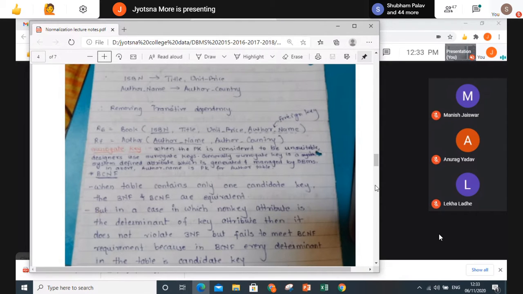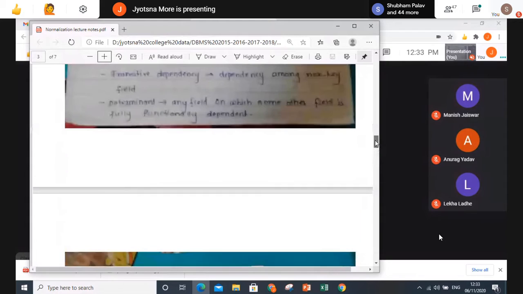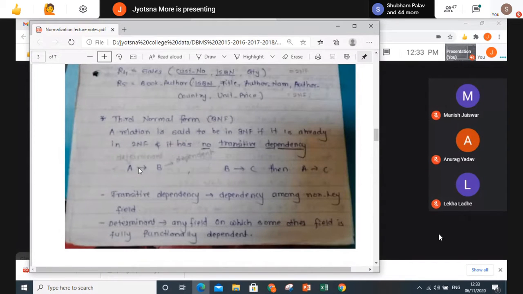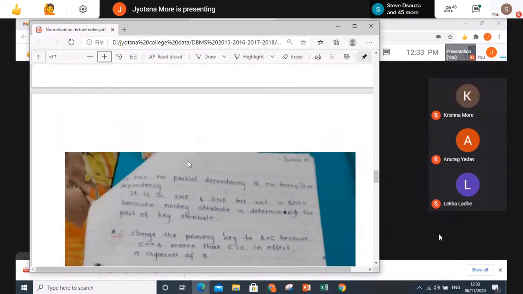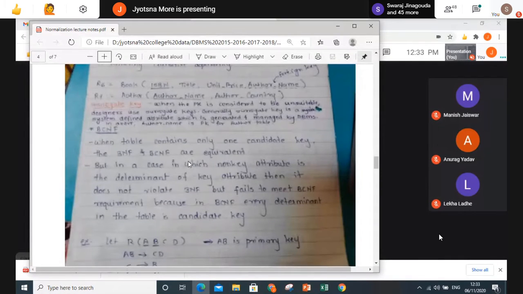But in the case in which a non-key attribute is the determinant of a key attribute, just as I showed you, if this is your non-key and this is your key attribute, the non-key is determining the key attribute. That means the non-key is the determinant and the key attribute is dependent, and in that case you have to say it is not in Boyce-Codd normal form.